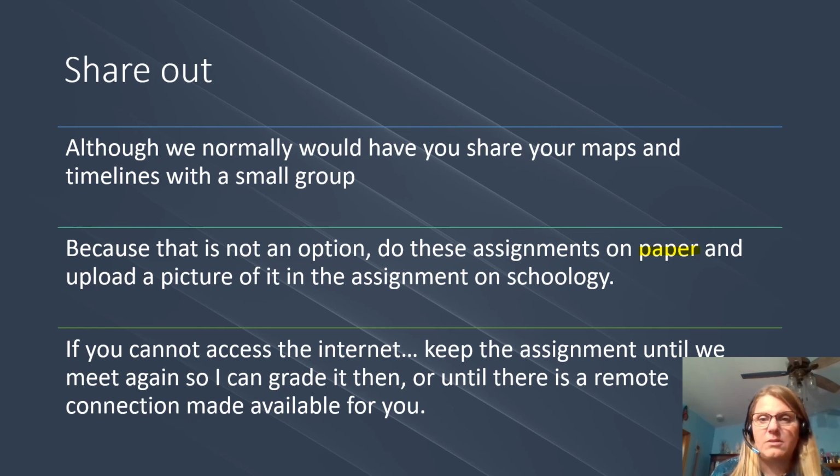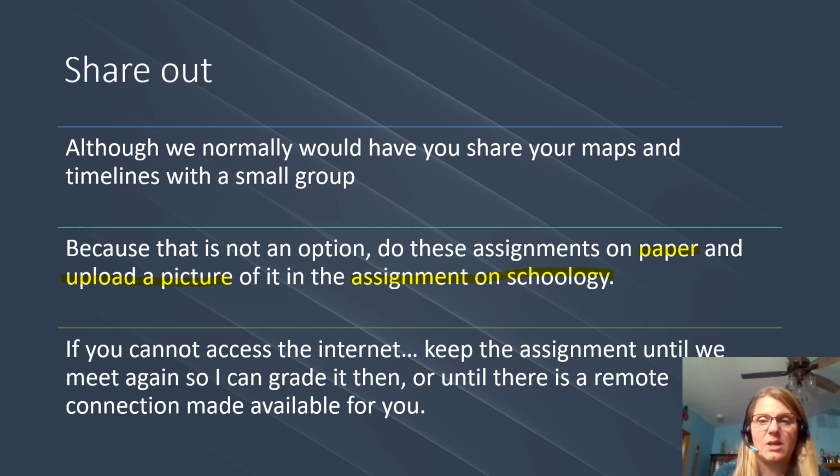Once you've done it on paper, I want you to take a picture of it and upload that picture into the assignment on Schoology. Now I realize that sometimes that is not an option, and so if you cannot access the internet and you are doing all of your work on paper, then just keep it until we can meet again or until we can grade it.